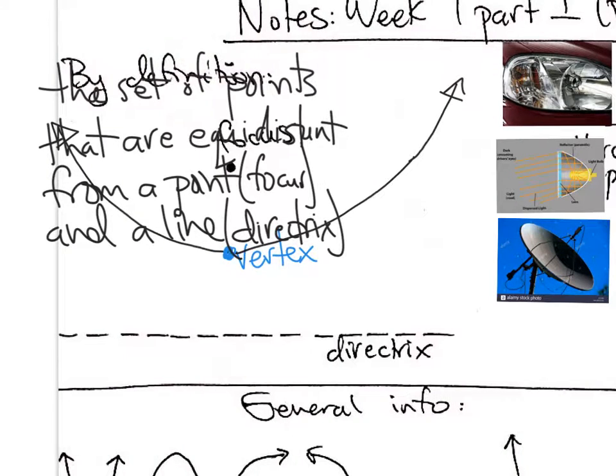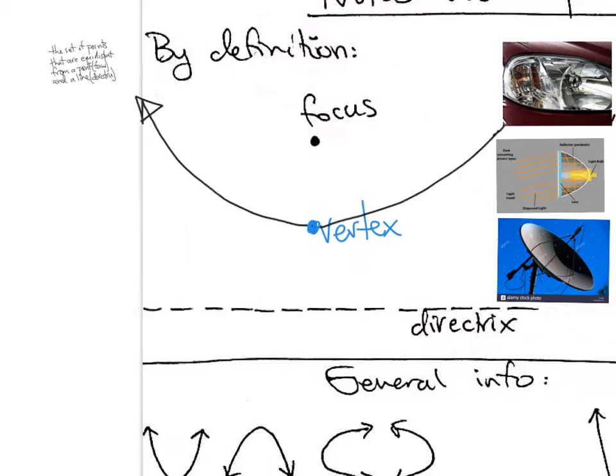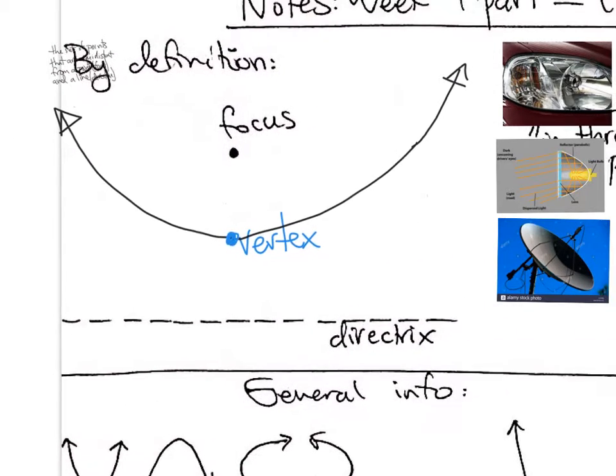Okay, so what this means is that, let's say we pick this point, the distance from here to the focal point is the same as the distance from there to the directrix, and it's always the perpendicular distance to the directrix.